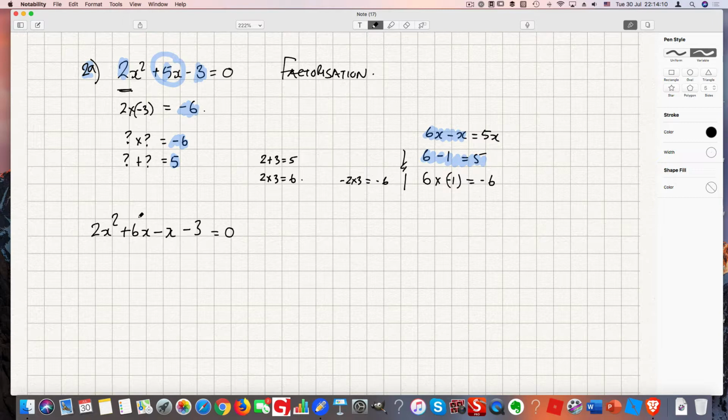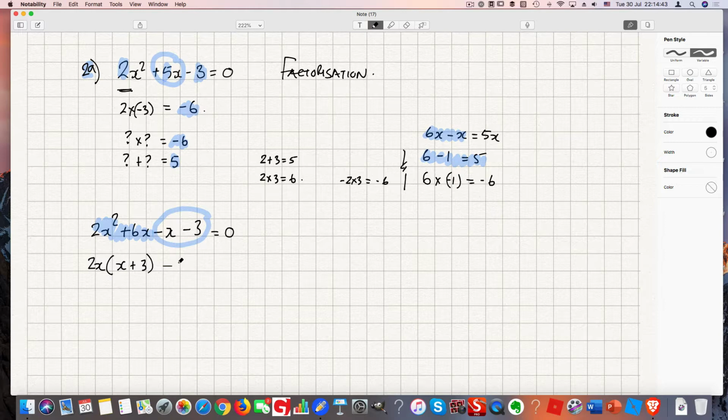Okay, now watch what's going to happen. We're going to factorize them in parts. We're going to factorize these first two terms together, and then factorize those together. It means that we can factorize a 2x here, in brackets, and this becomes x plus 3, because 2x times x is 2x squared, and 2x times 3 is 6x.